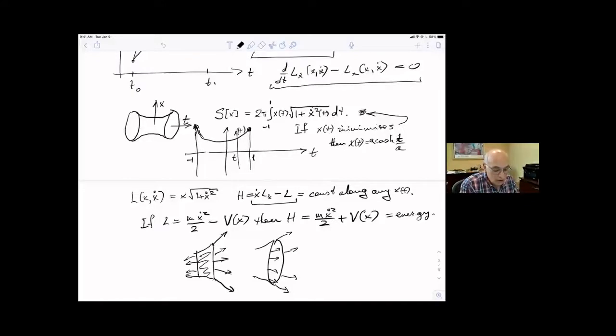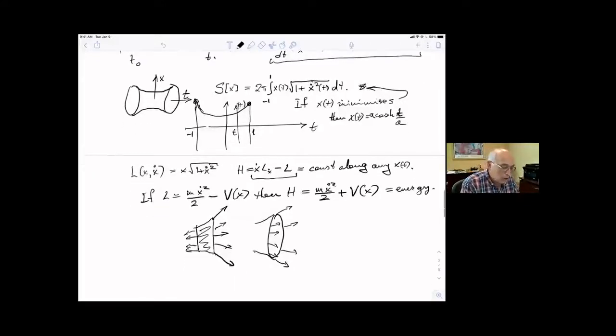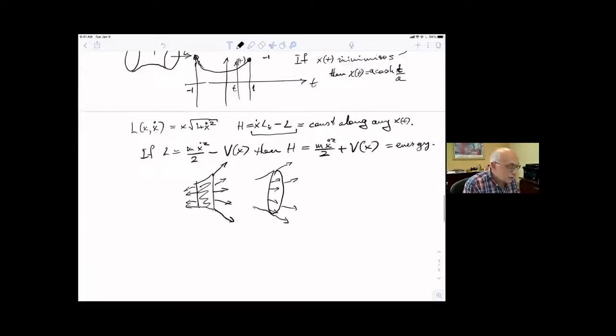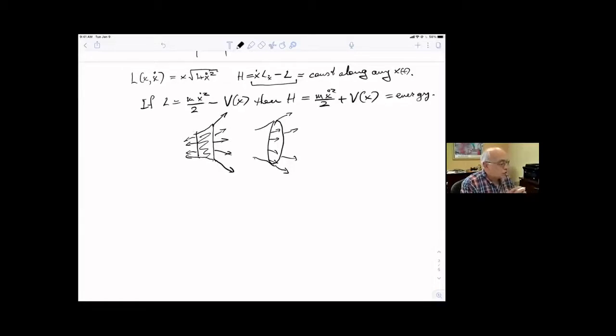So it's interesting how the same mathematical expression has utterly different meanings. In the dynamics, it's total energy. In the statics of the soap film, it's the horizontal force. So that's one remark I wanted to make. The conserved quantity has different interpretations.